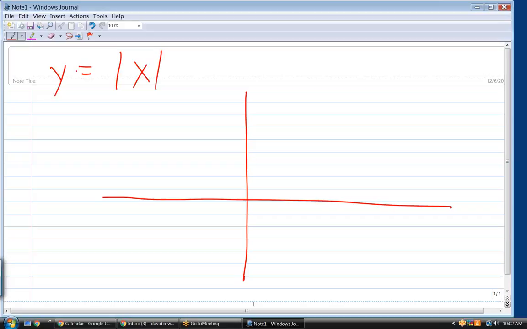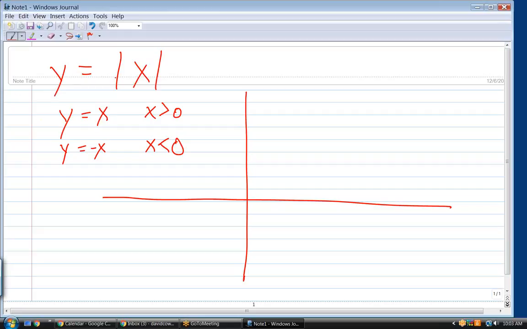What this means is that y equals two things. y equals x whenever x is greater than 0, and y equals minus x whenever x is less than 0. This is a little different than what we ended with the other day, because we weren't talking about graphing that. In other words, we were talking about solving inequalities.